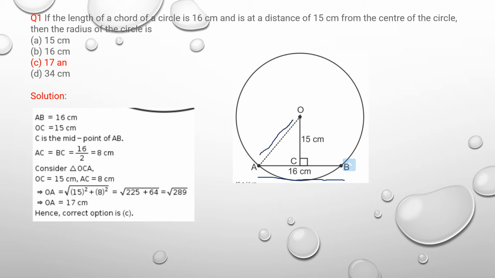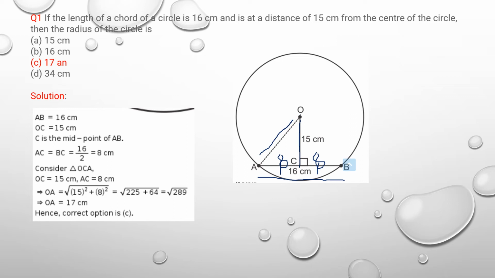So as we can clearly observe the figure, this is perpendicular from the center, so it is going to bisect the chord. So AC must be equal to CB. That means they both will be 8 centimeter each, and this perpendicular is 15.